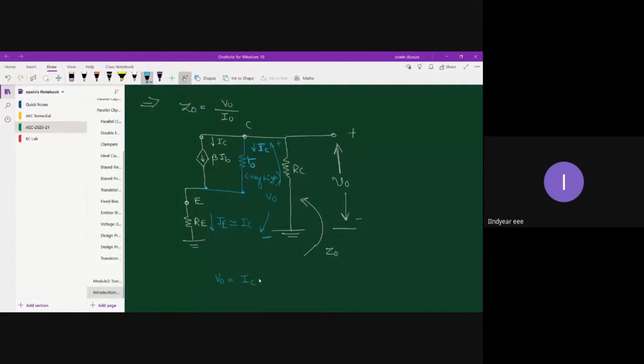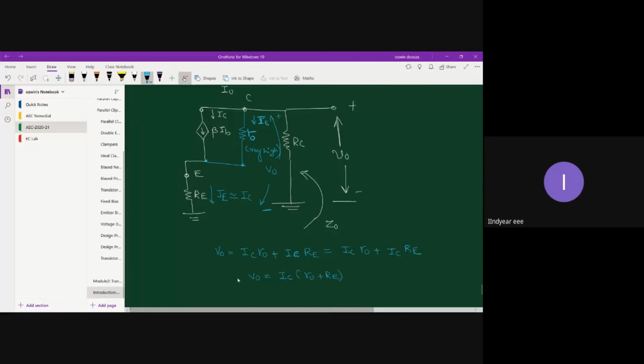It is IC into R0 plus IE into RE, or I can write IE as IC itself, because IC and IE are very close to each other. And this is RE.